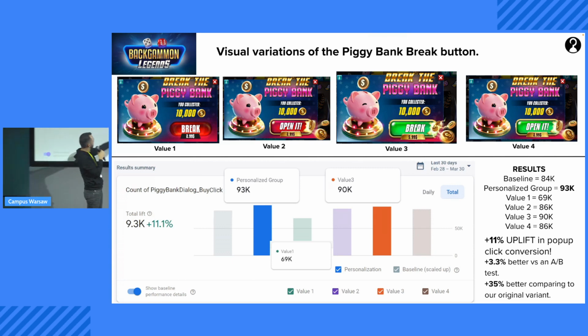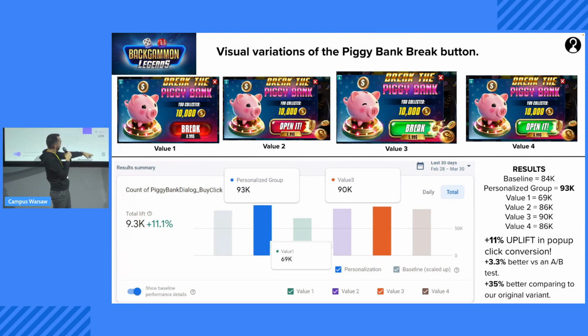Value 1 here, the colors are not that visible, but yeah, so value 1 here is that one, value 2 is that, etc. So one important thing here when looking at this is that this is the result of the exploitation, right? And these are the results of exploration data, like randomly serving, and how well they convert.